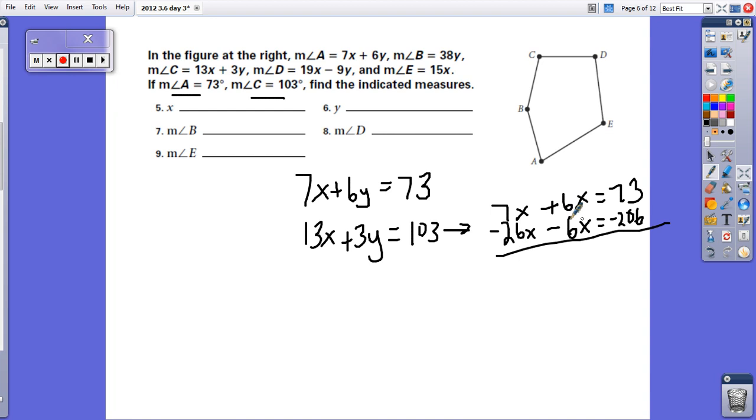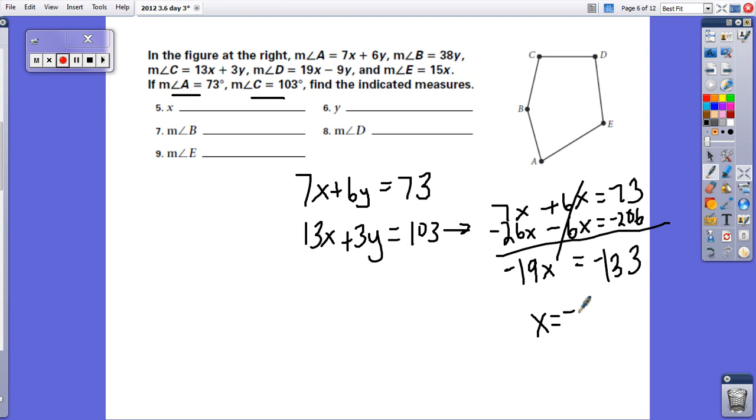So if I add both equations, we eliminate the x's, and we're left with negative 19x, which equals negative 206 plus 73, which is negative 133. When you divide that by negative 19, you get 7.